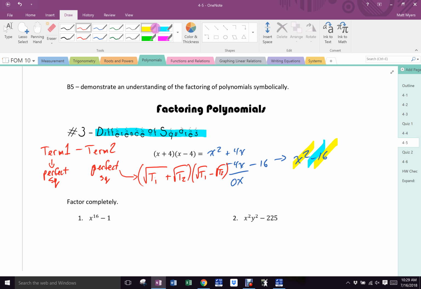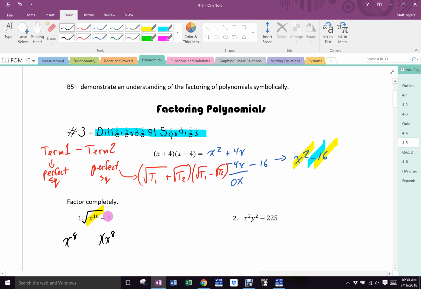Let's do an easy one. Is that a perfect square? Yes, it is. Why? Because I can take a square root of x to the 16th, can't I? That is x to the 8th and x to the 8th, because x to the 8th times x to the 8th is x to the 16th, and 8 plus 8 is 16, correct?